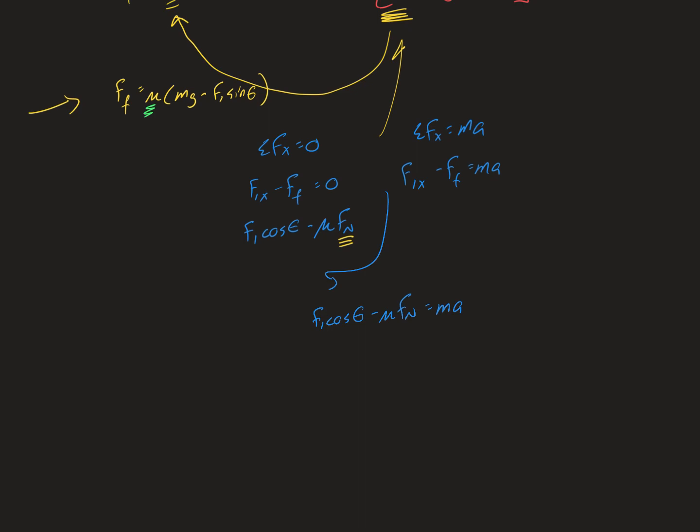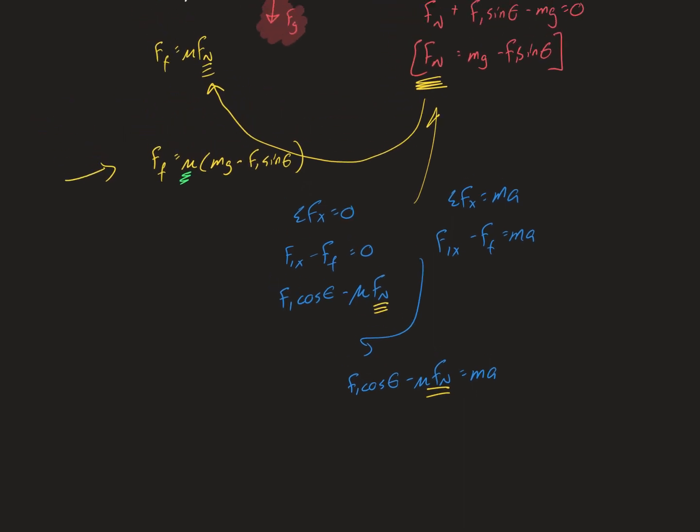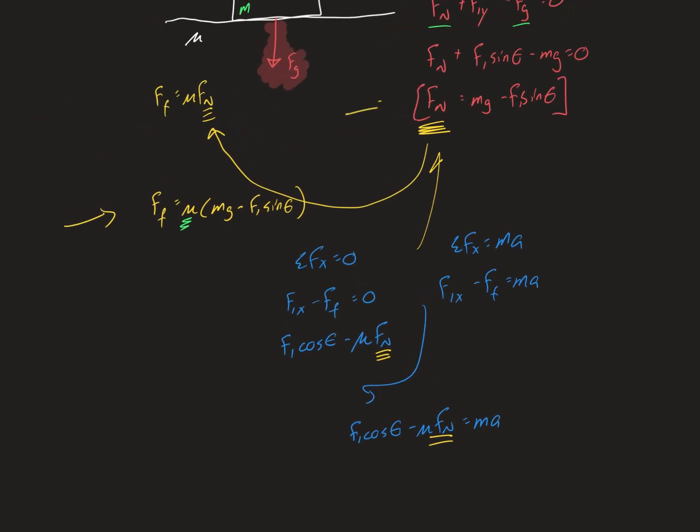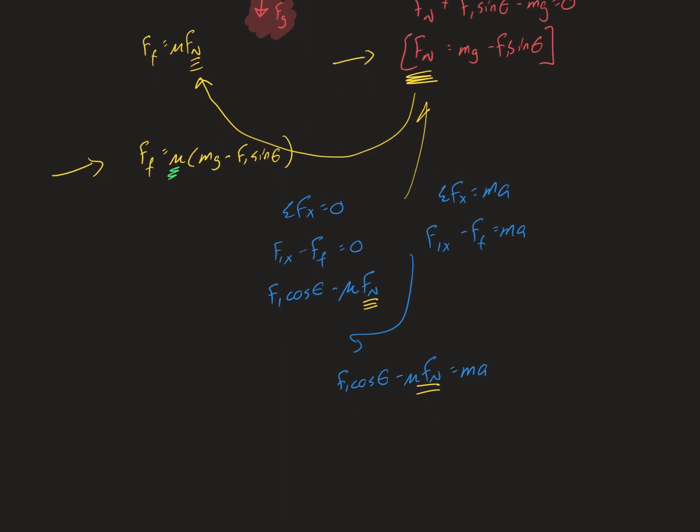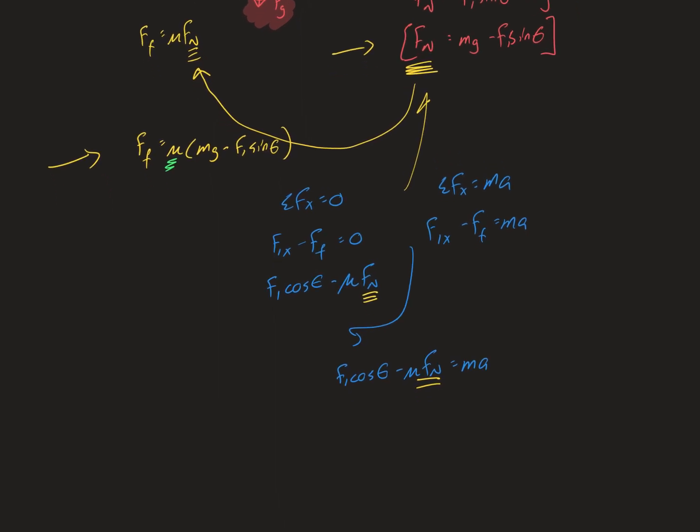And we could substitute the normal force, once again, with this big equation up here. So there's lots of different ways that you can do these problems when you're talking about how objects accelerate and how they behave in the different directions.